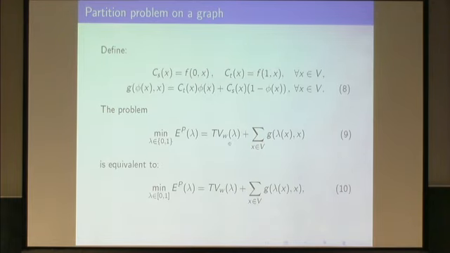We can prove this is equivalent to this one, equivalent to this one. Which means that if you get a global minimizer for this problem, and you threshold at any value between 0 and 1, it is a global minimizer of this problem. On the other hand, if you get a global minimizer of this one, it's also a global minimizer of that problem.